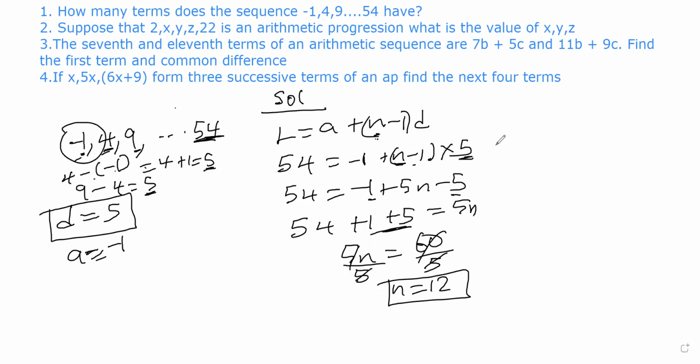So let's check if we are correct. First term is -1. Add 5, we have 4. Add 5 again, we have 9.